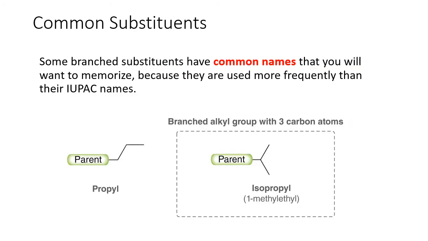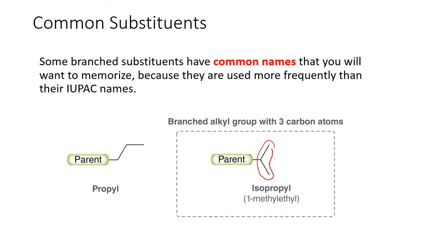There are also some common substituents that just have common names that are used more than the IUPAC names, so you just have to memorize them and be familiar with them. For example, if this is our parent chain in the lower right corner here, that group attached there is called an isopropyl group. Now, isopropyl is a common name that you would just have to learn, but the IUPAC rules name is 1-methyl ethyl.